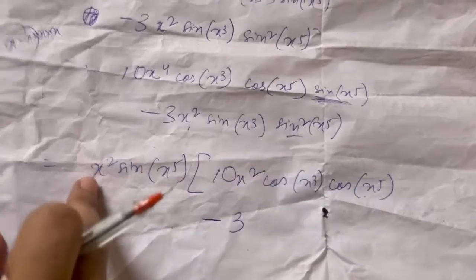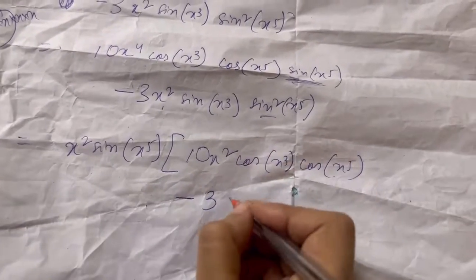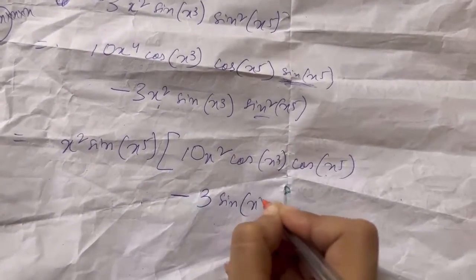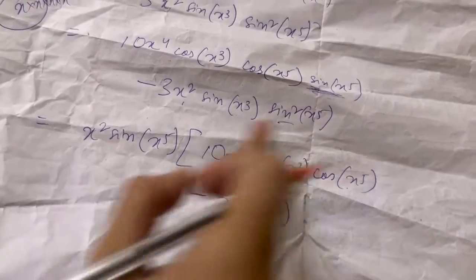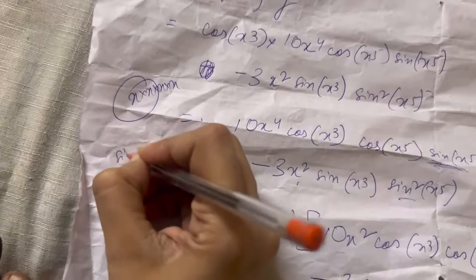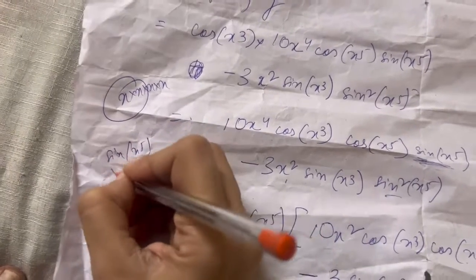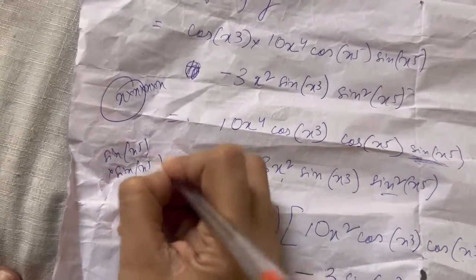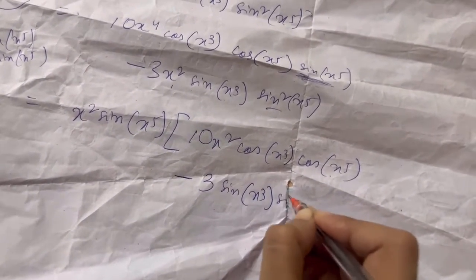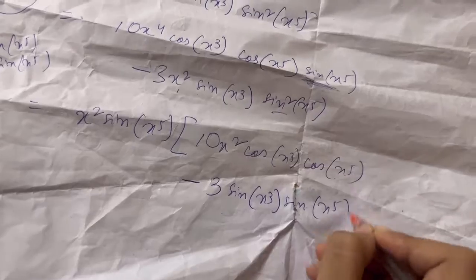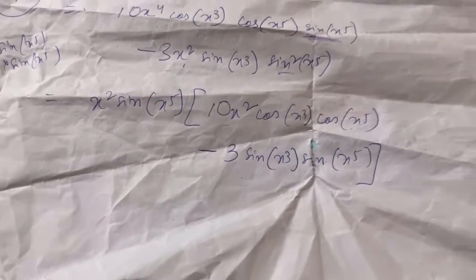This x square is already out, and then sine x cube. This is sine square x to the power 5. Once sine x to the power 5 is out, sine square x to the power 5 means sine x to the power 5 into sine x to the power 5. I have already taken one out, so we are just left with sine x to the power 5, and yes, this would be the final answer.